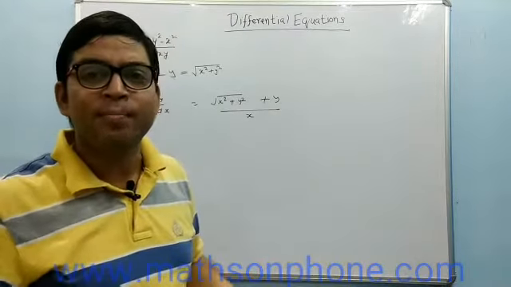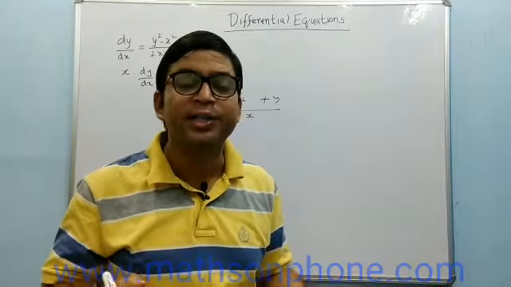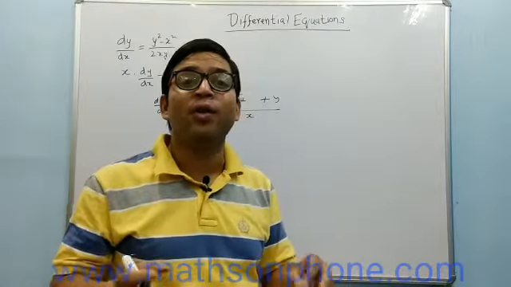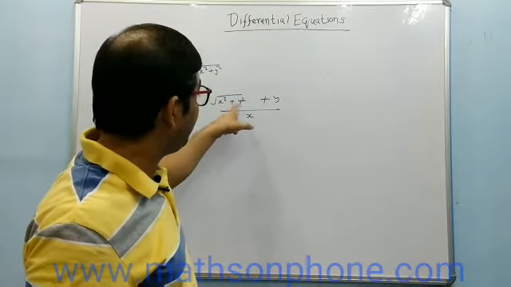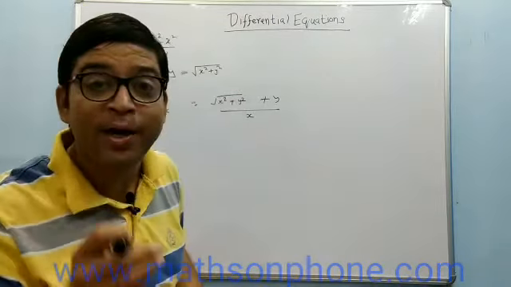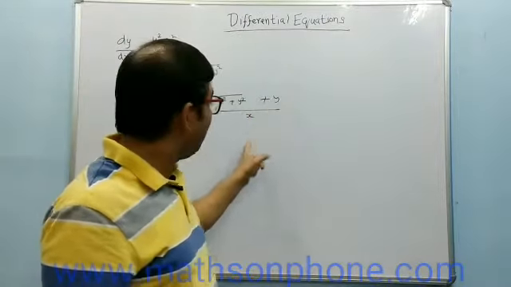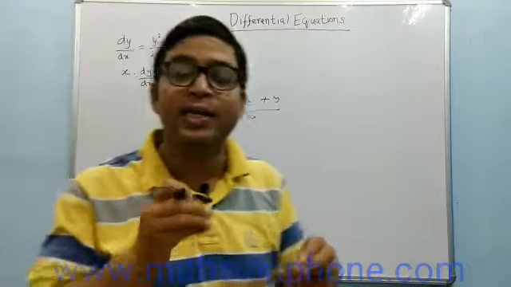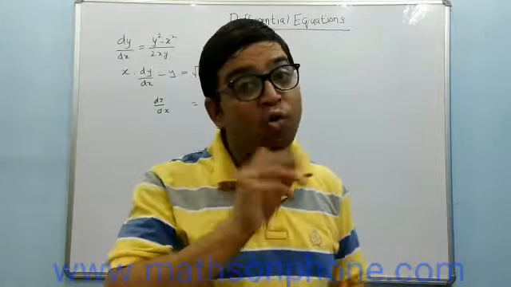Now we have to check whether there is a relation between x and y, not a unique relation. Then we have to go for whether it is homogeneous or not. See here, the degree is 2 and the power is 1 by 2, so the degree is 1. Everywhere the degree is the same. So it is homogeneous, and we have to follow the technique of the homogeneous.